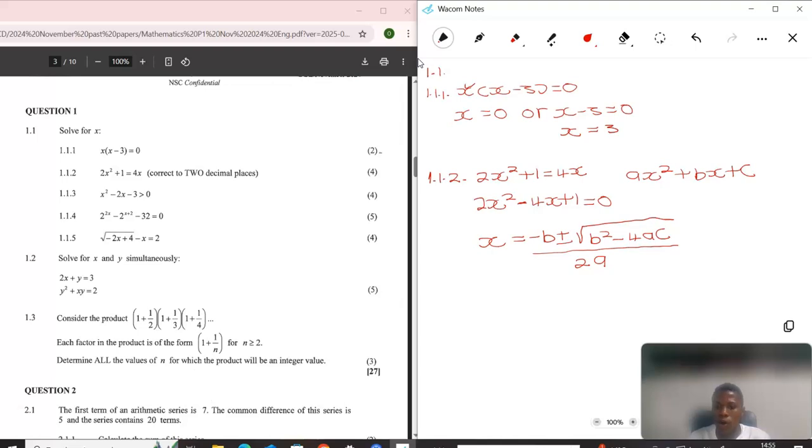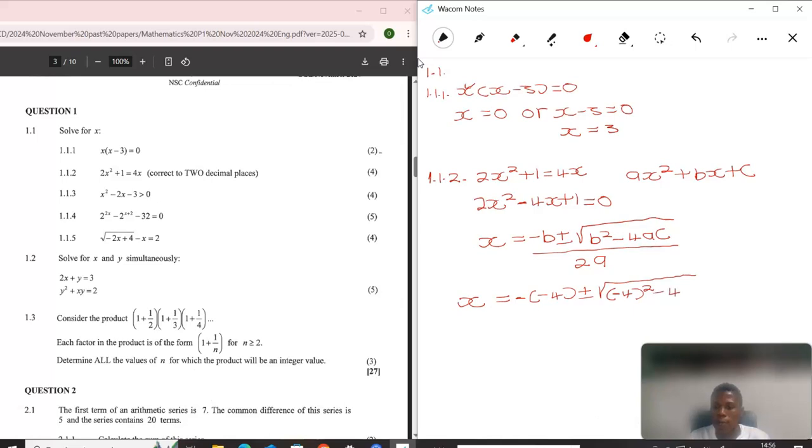Okay, therefore x is equal to, and you know that your b is the coefficient of what? Of x, and the coefficient of x is minus 4. Therefore you say minus minus 4 plus or minus root, and you know that your b is minus 4, therefore you put that squared.